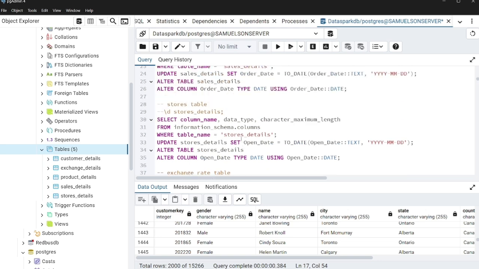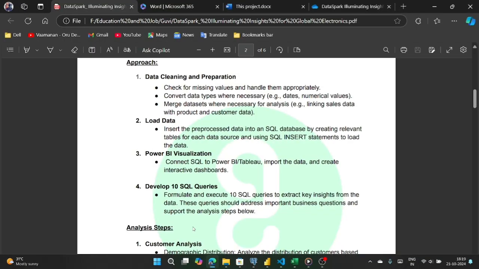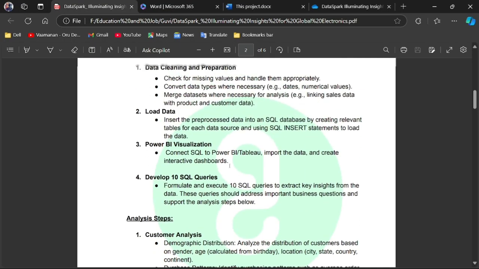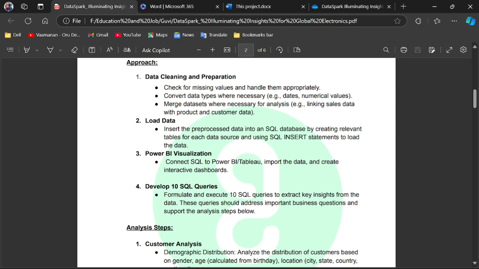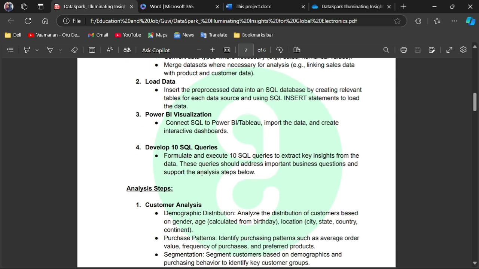Okay, next. Two approaches are finished, and for the third we are going to connect SQL to Power BI, import the data and create interactive dashboards. Okay, let's do that.